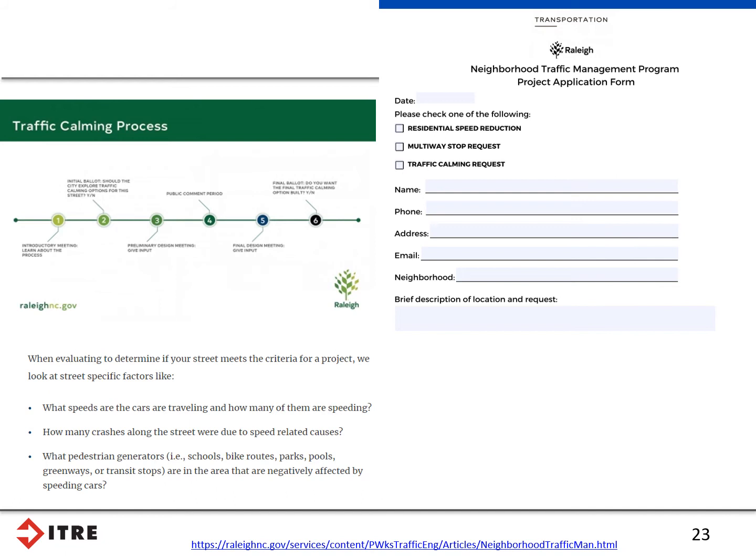It's going to allow for public comment. There's going to be a final design meeting and then a ballot of whether or not the final traffic calming option is going to be implemented. So it is a fairly lengthy process that involves more than just one household that may be complaining. It's going to take a neighborhood vote in order to implement something. And many cities and towns have processes that look like this.